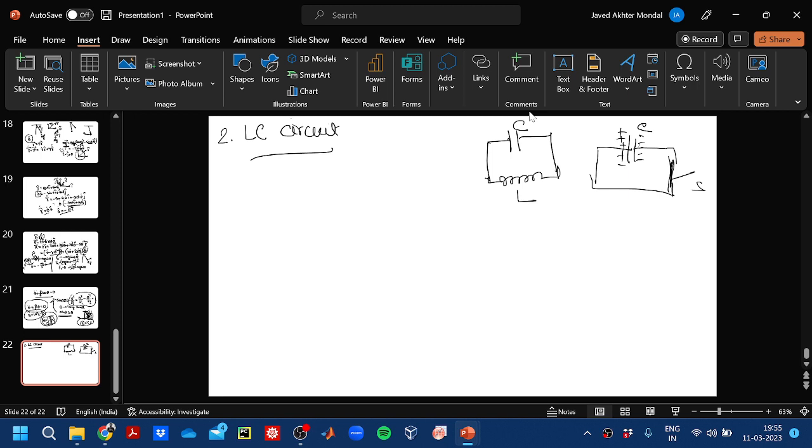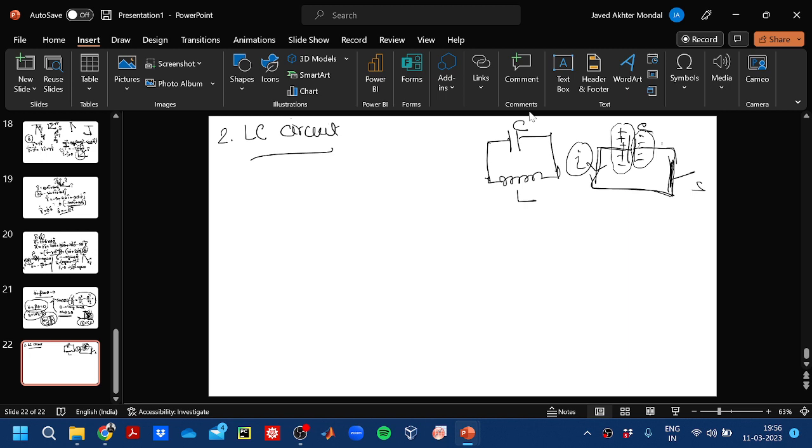If we close it, then on this plate we have electron deficiency, and here we have more electrons. So if we connect it, electrons will flow from this direction to this, and there will be a current in the circuit in this direction. As long as there is a charge difference, the current will flow.